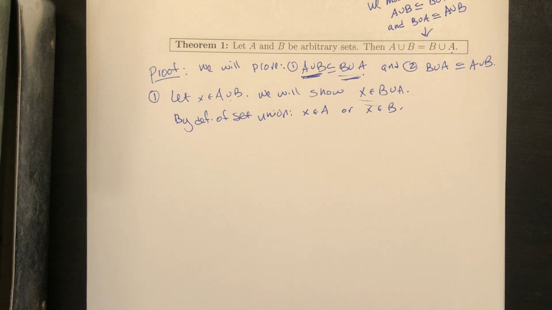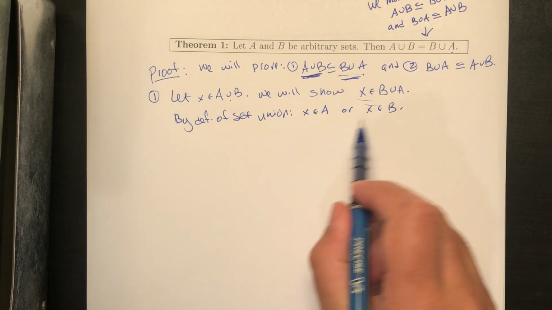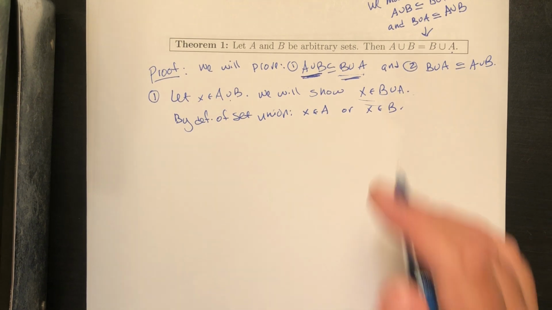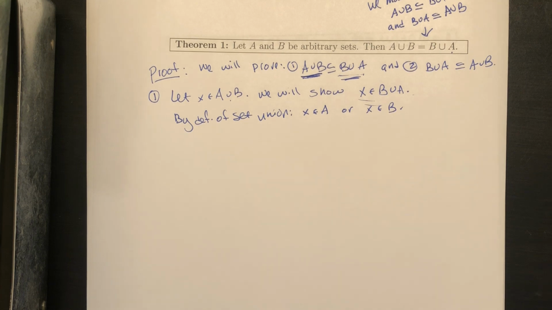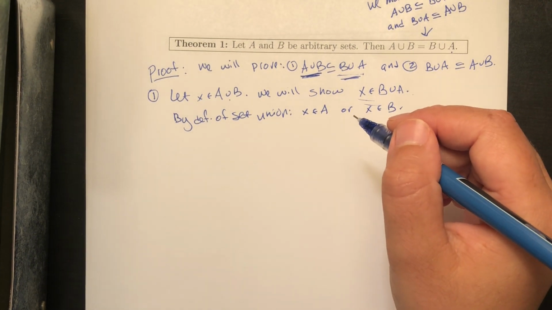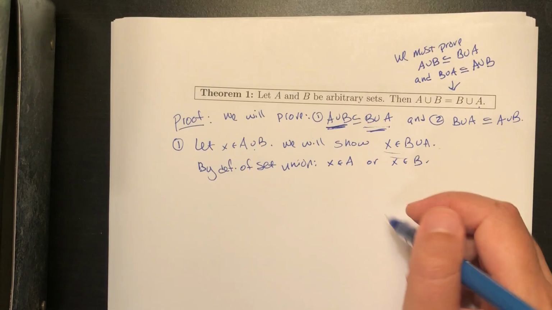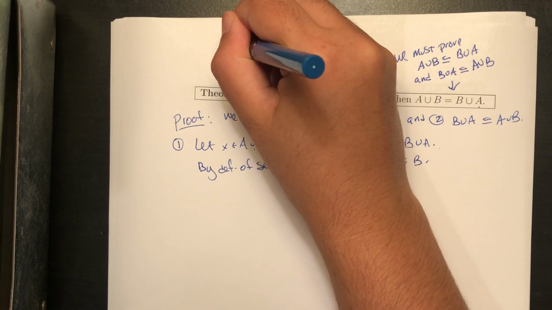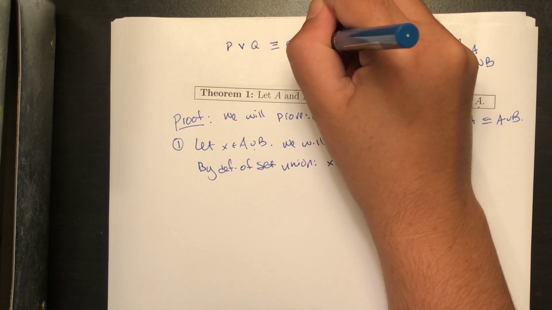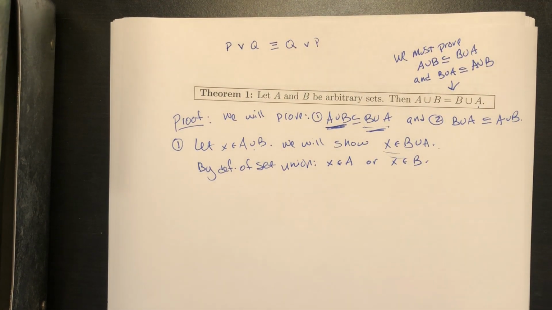You may have forgotten this by now, it was so many videos ago, but we justified this way back in chapter 1, when we looked at all the different properties of our logical connectives. We proved using truth tables, or at least alluded to such a proof, that the statement P or Q is logically equivalent to the statement Q or P. This is super simple to prove in a truth table.